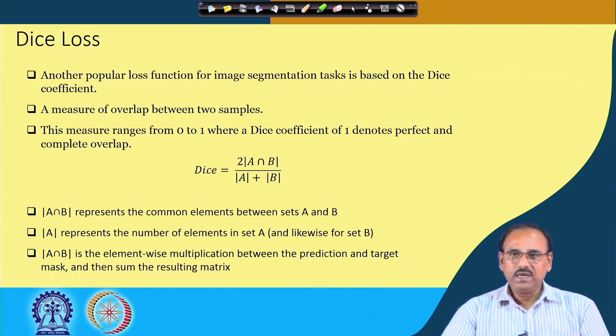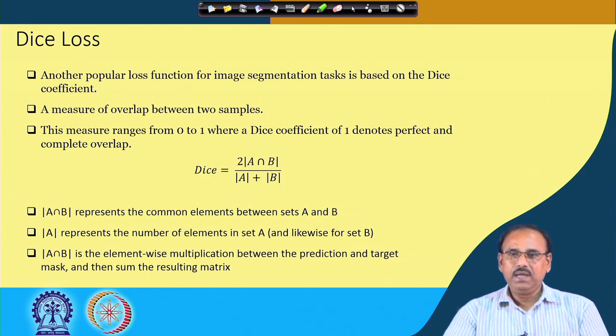It tries to find out the overlap, which is in the form of A intersection B, where A may be your target array and B is the actual array that you get. If you take the mod of A intersection B, that gives you the measure of the amount of overlap between these two.